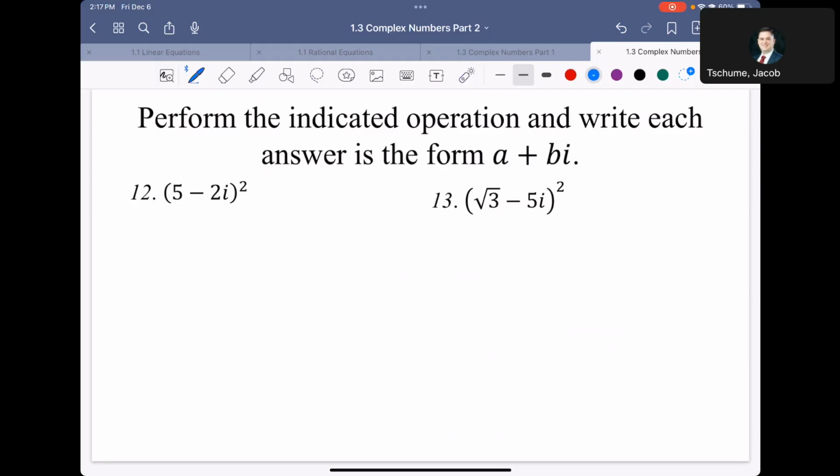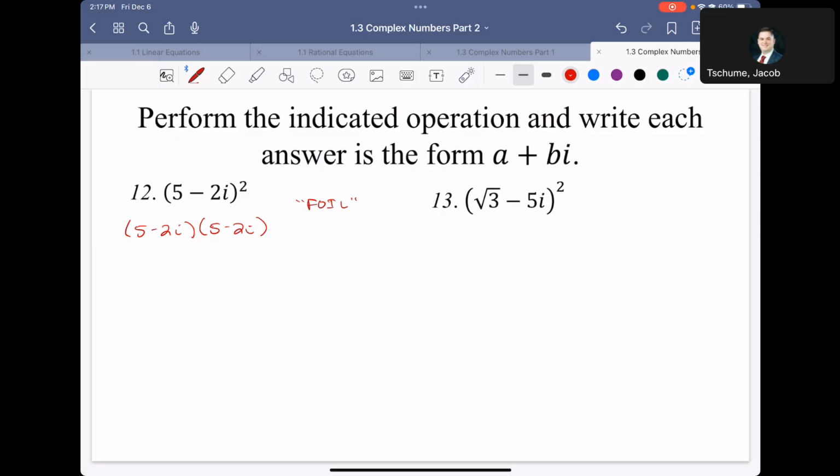So you have to actually write it out in its most pure form. So we're going to write it out as 5 minus 2i times itself, which is 5 minus 2i. And from here, you can once again use your FOIL technique to simplify this down as far as you can.